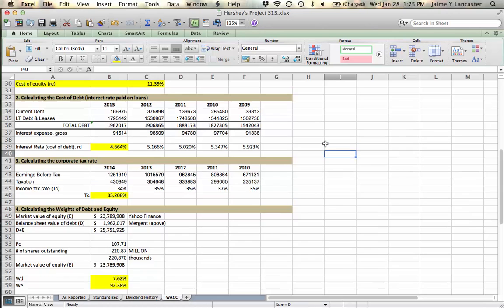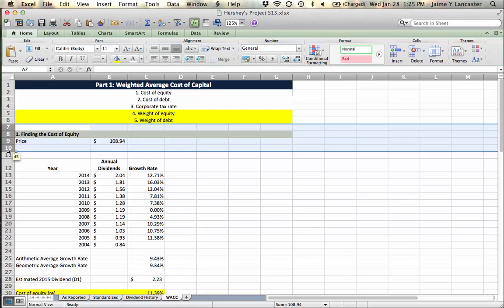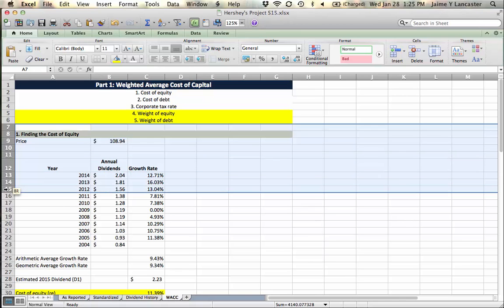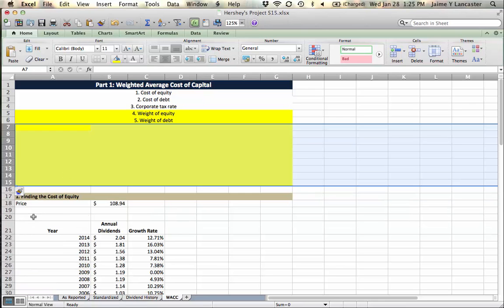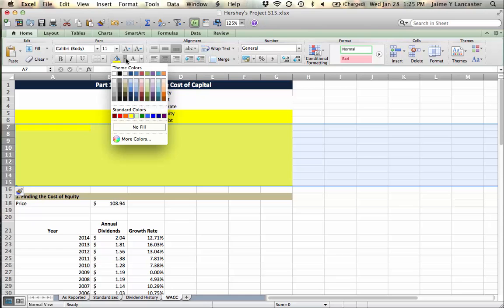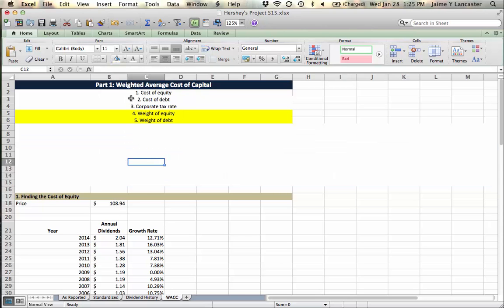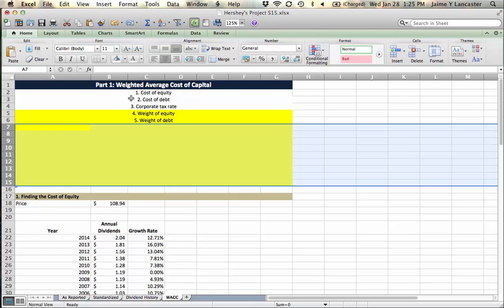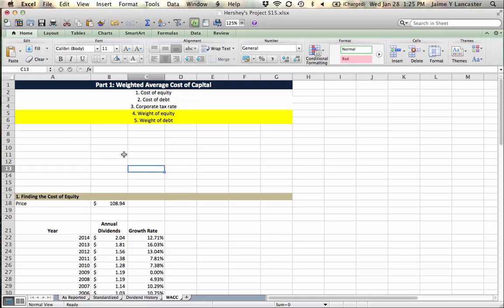Now, what I like to do to calculate weighted average cost of capital, I like to come up to the top and add 6 or 7 rows. And I like it if they're not yellow. But I do like it if they have their grid lines still showing. And then I like to bring all my inputs.